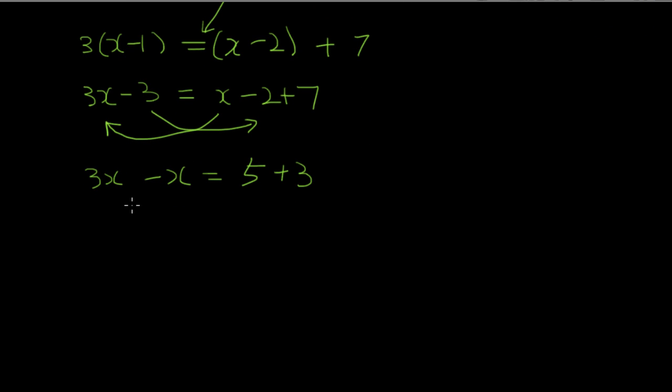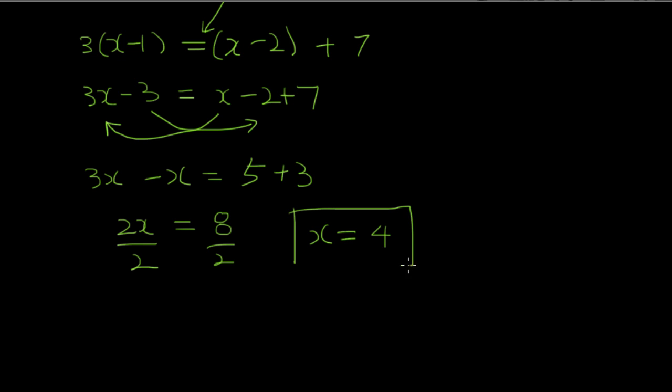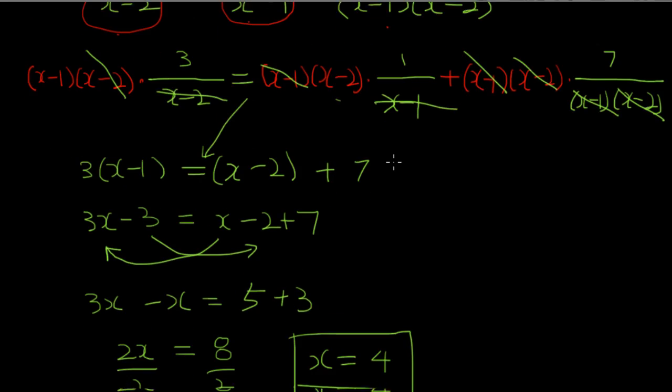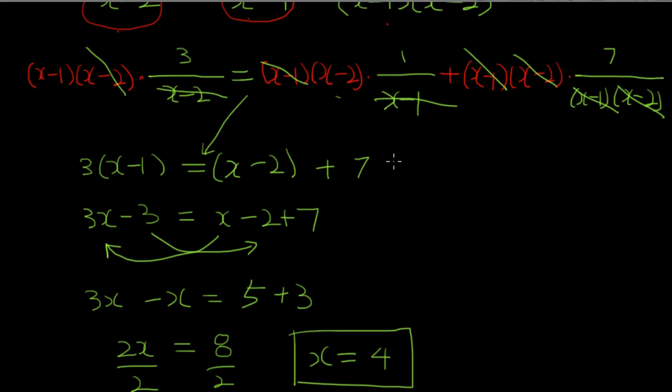Okay, so this becomes 2x equal 8. Divide both sides by 2, x equal 4, just like that.